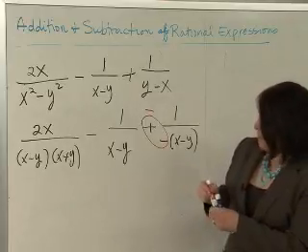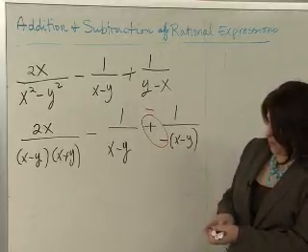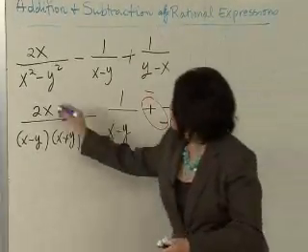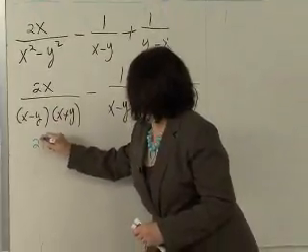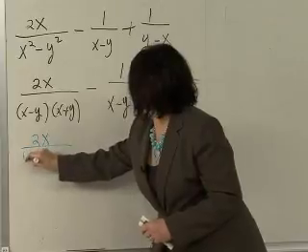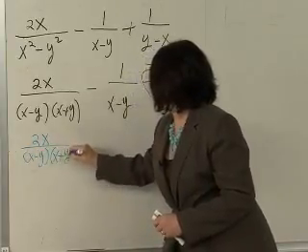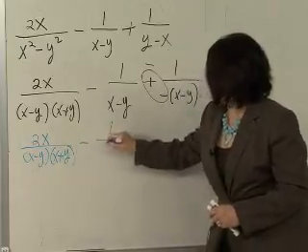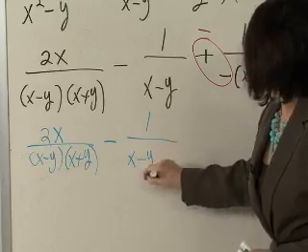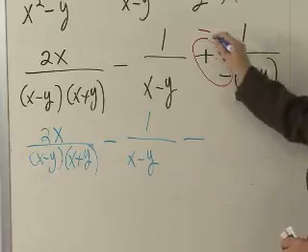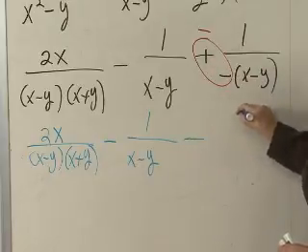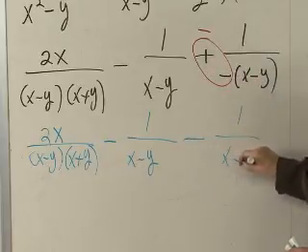So I'm going to go back and rewrite them with the correct signs. My first fraction is 2x over x minus y times x plus y, minus my second fraction, 1 over x minus y. And then here, this sign has changed to minus 1 over x minus y.